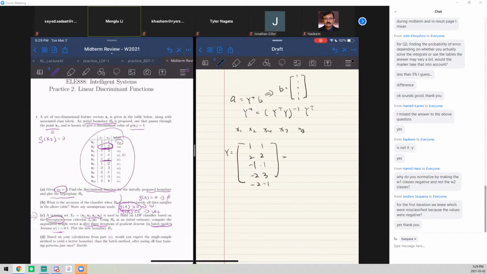Then I do the augmentation and the normalization, and Y will become this. That's our Y. From here, we know Y transpose is column-wise samples.